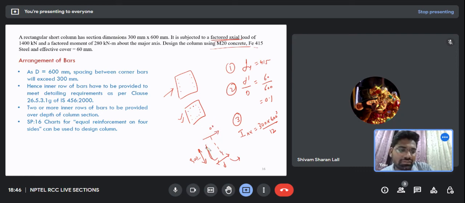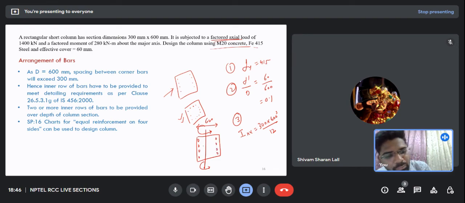Since bending will take place along this axis, the moment will act like this. The column will bend along this axis. So this will be 600, and my bars will be placed like this along the direction where the bending will take place.